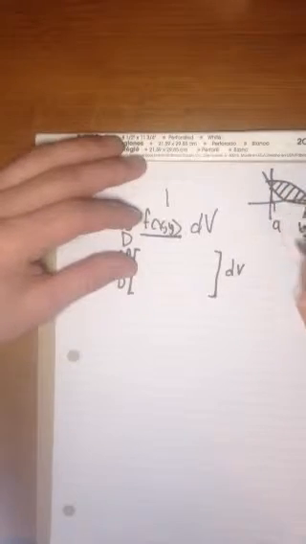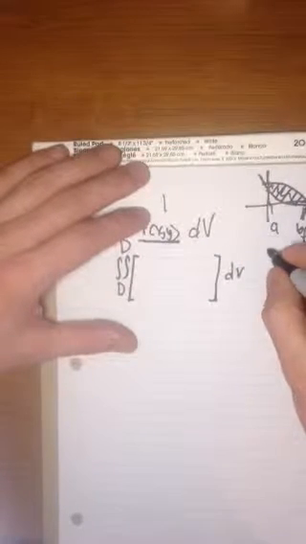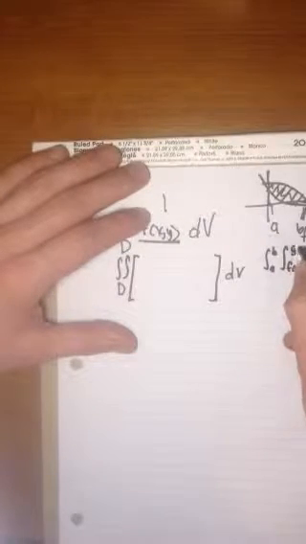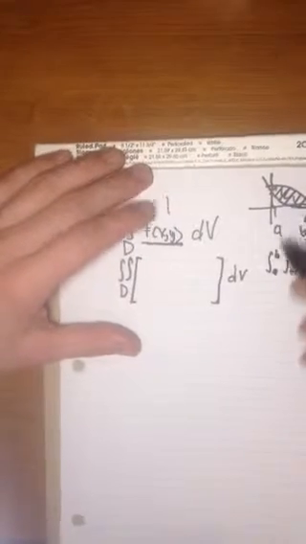Just say that's a really crappy drawing of mine. To find the area here, we could have just done integral from a to b, integral from f of x to g of x of 1 dy dx. And that would have found our area here.